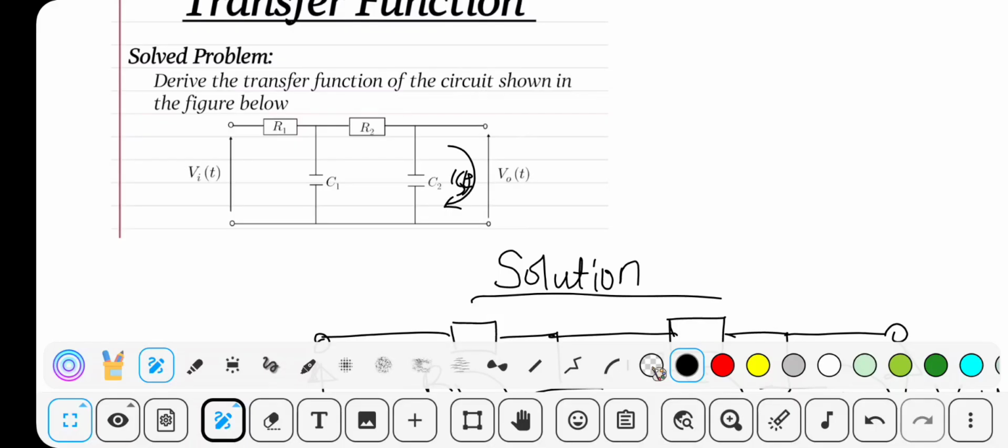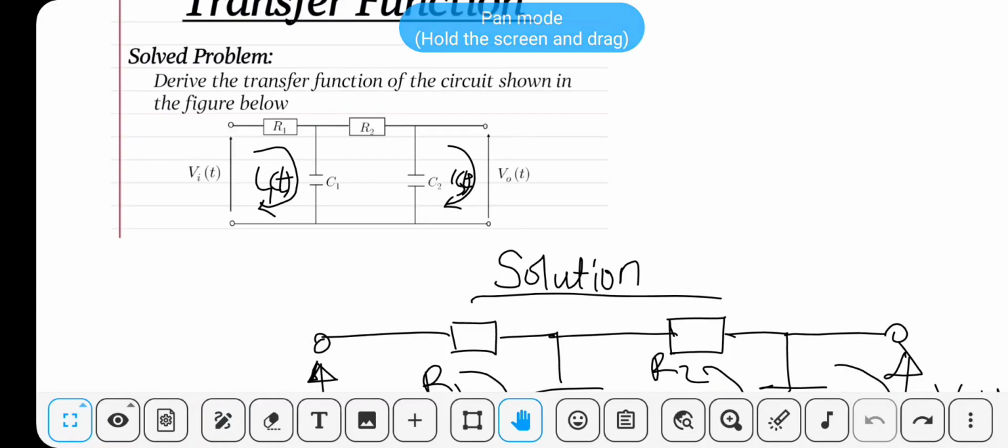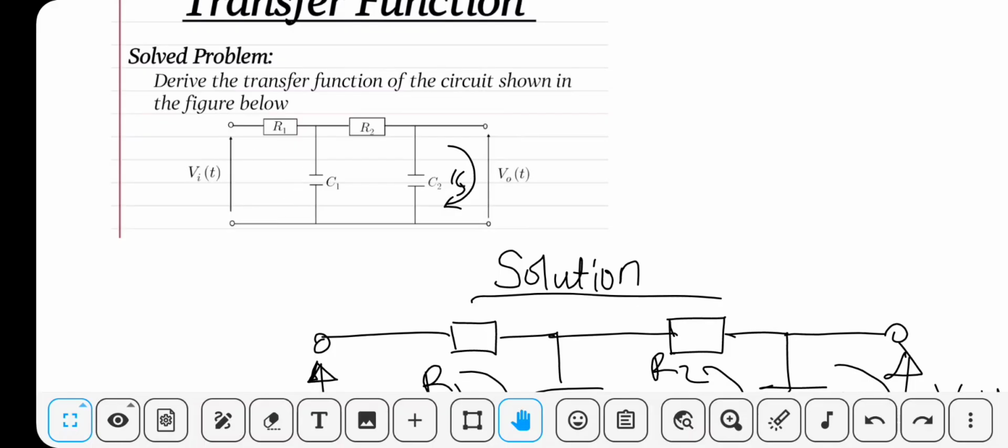But here the current is not 0 because I1 is not 0, because there is assumed to be an ideal voltage at the input side, but at the output there is no current flowing. It is assumed to be an open circuit. So let's continue.